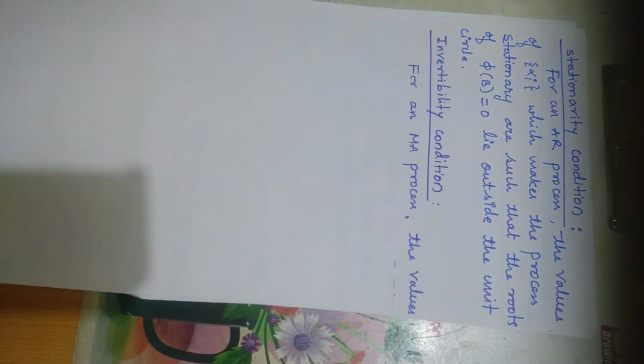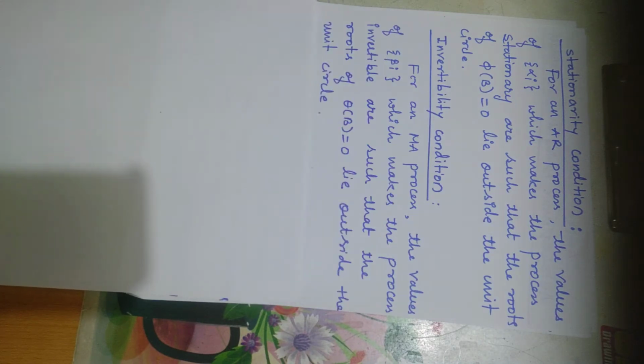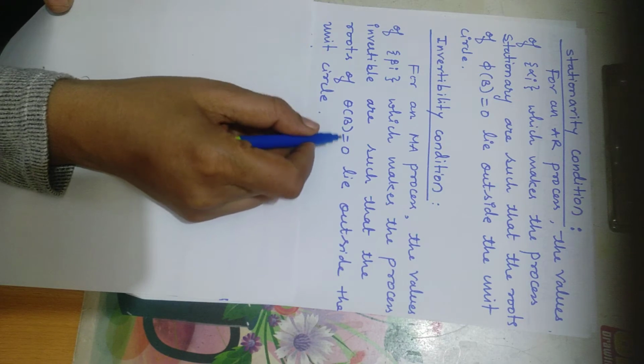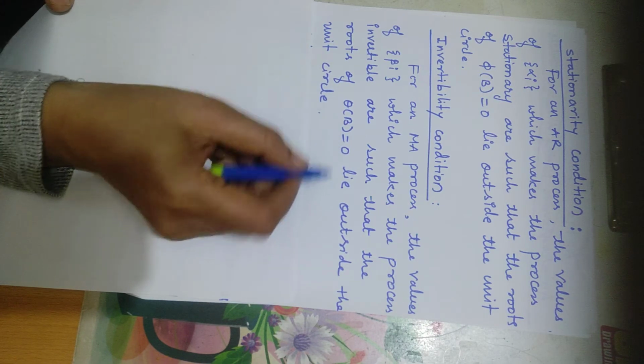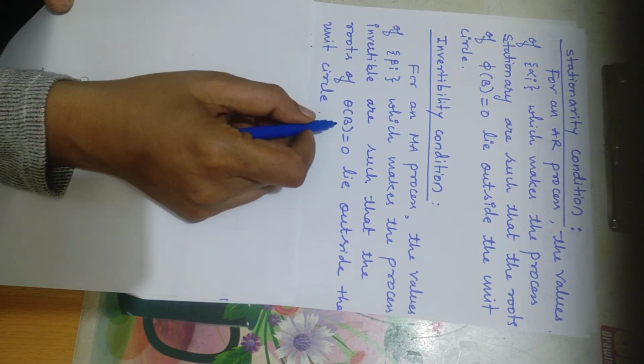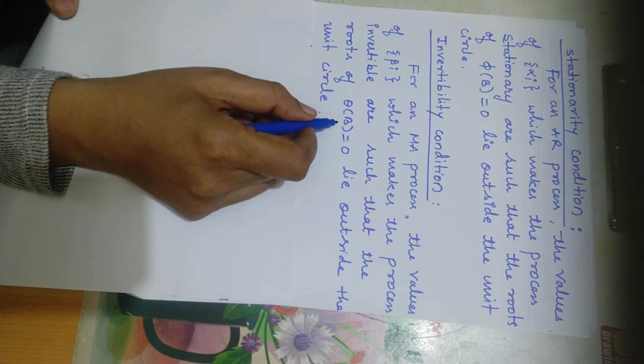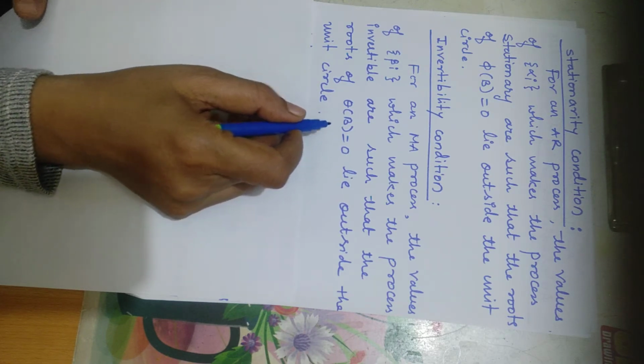Similarly, the condition of invertibility is, we have to solve the equation theta of B is equal to 0. If the roots of theta of B is equal to 0 lie outside the unit circle, then we can say that this ARMA model is invertible. So using these two, we can check whether the given model is stationary or not, or invertible or not.